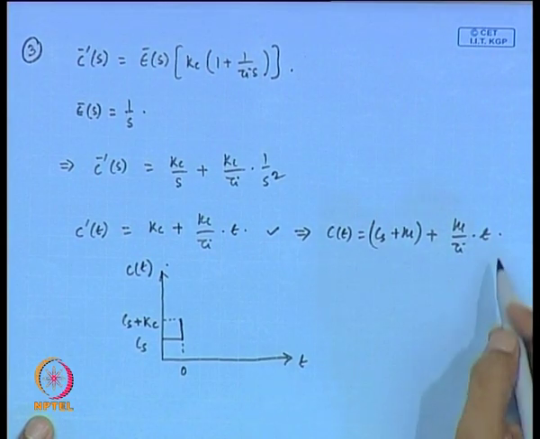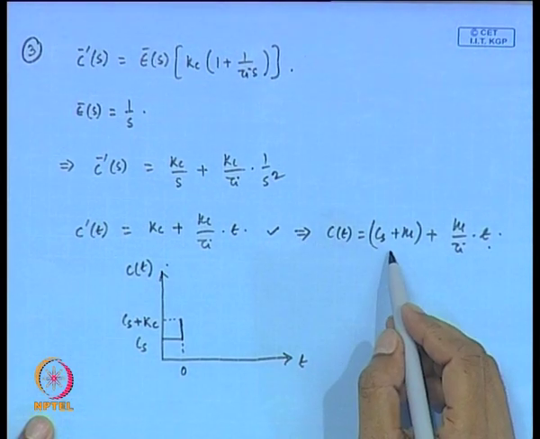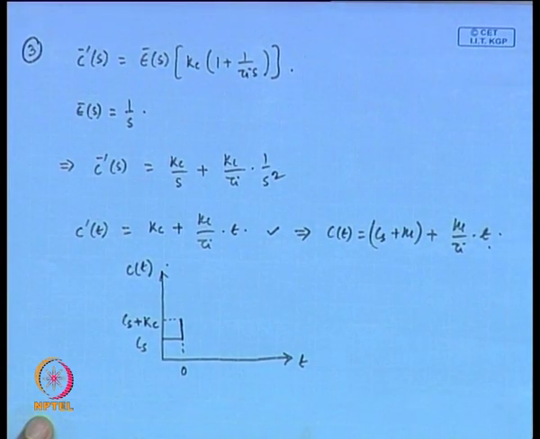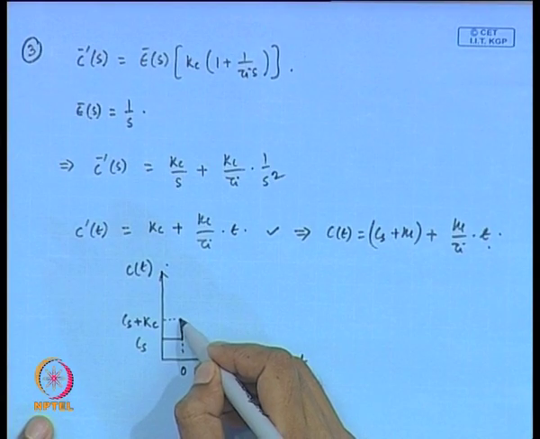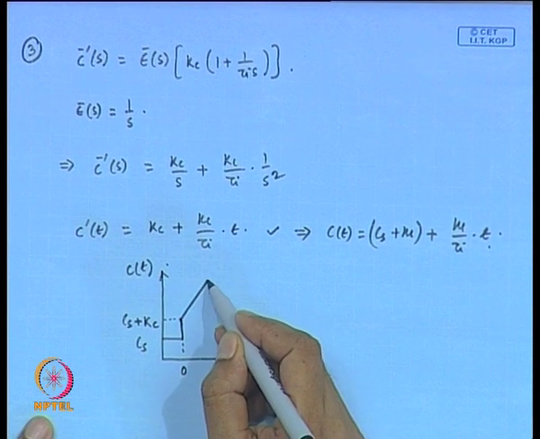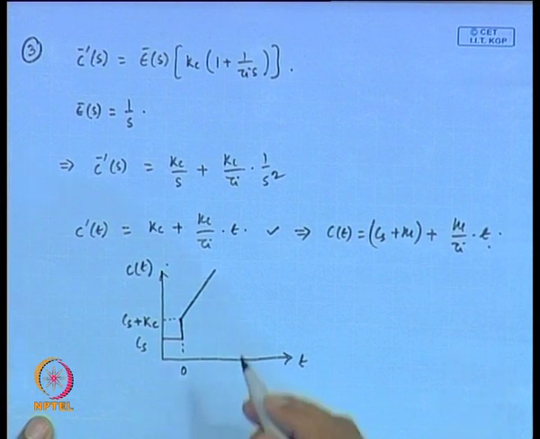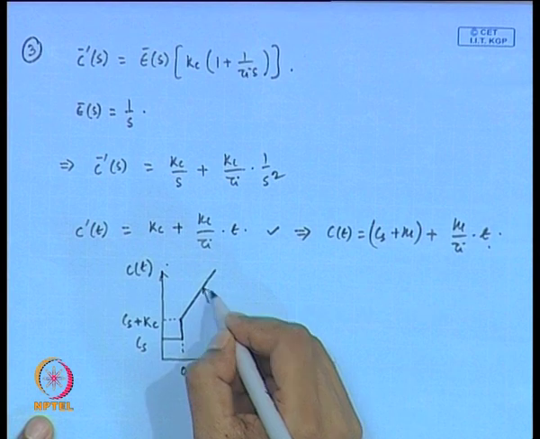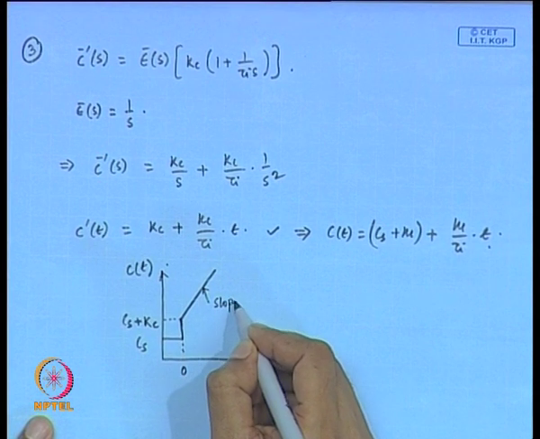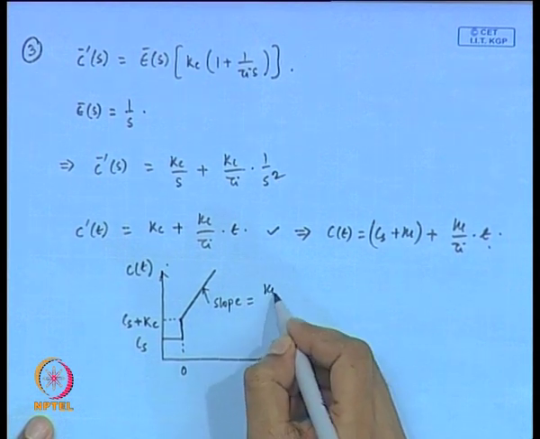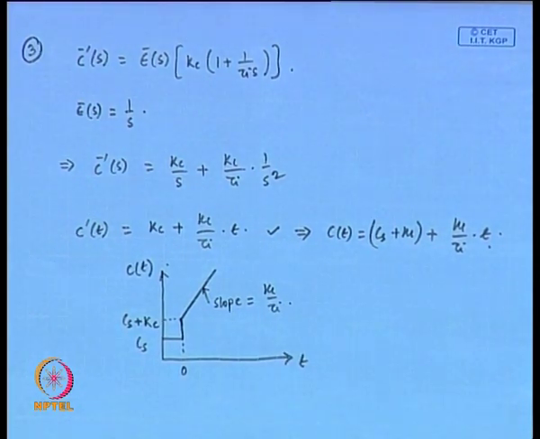So, it is obvious that at time t equals 0, C t equals Cs plus Kc, and when time is greater than 0, the C increases linearly with a slope of Kc divided by tau I. Slope equals Kc divided by tau I. Fine.